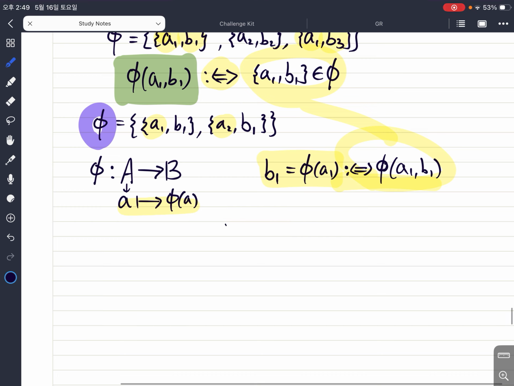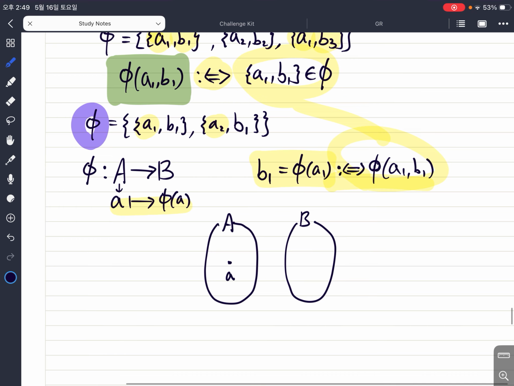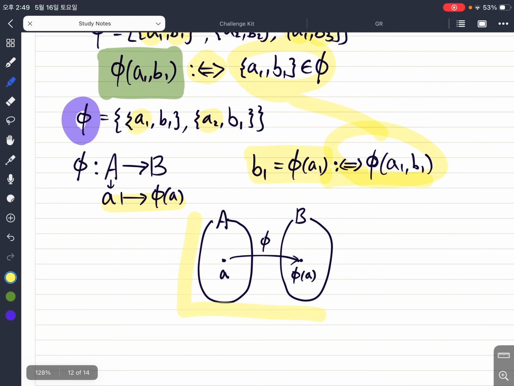Maybe you ran into this in your younger time, childhood. If you choose one element A, then it becomes phi(A), and there is an arrow relating them. This is phi.